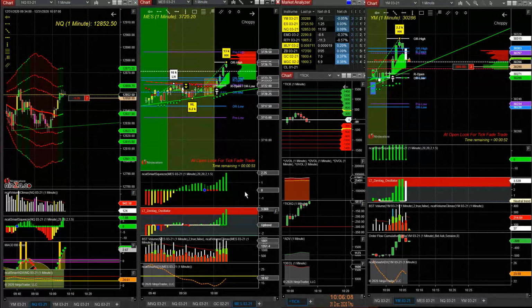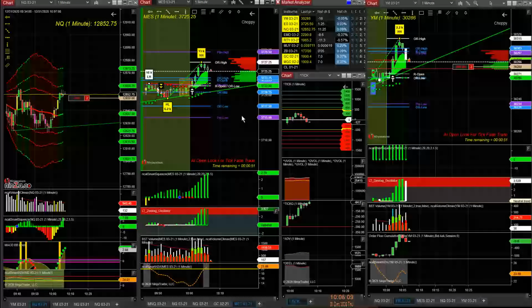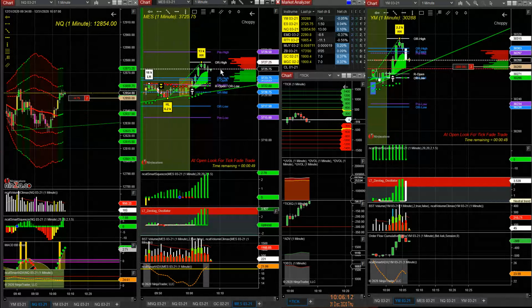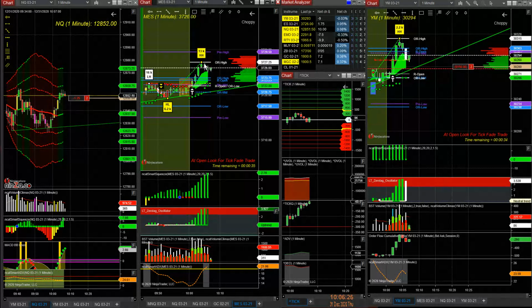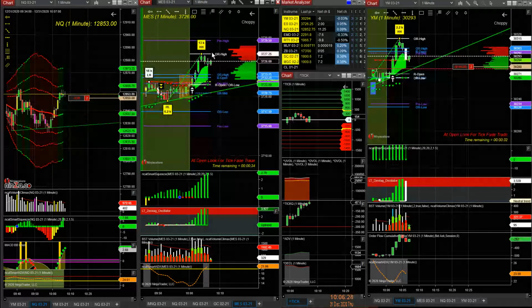Short this guy too. Short NQ. Short NQ, your stop would be at the high, right? Here. Stop would be here. All right. Which is also the prior swing, right? So this is the 10 o'clock open high.